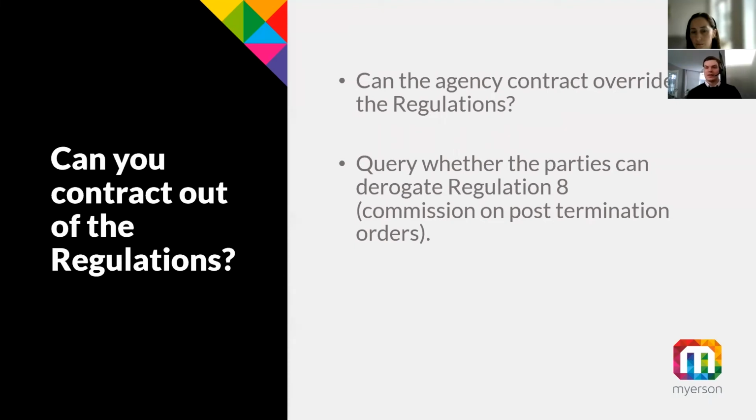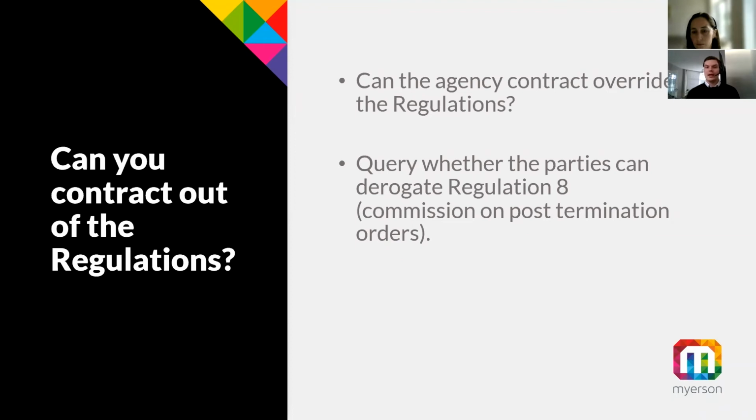More commonly, this is referred to as pipeline commission, relating to orders that conclude after termination of the agency. So Regulation 8 actually contains no wording to prevent it from being contracted out. Therefore, a principal could legitimately question whether an agent's entitlement to pipeline commission could be excluded in an agency contract. And indeed, this is a question which has caused much debate among practitioners.